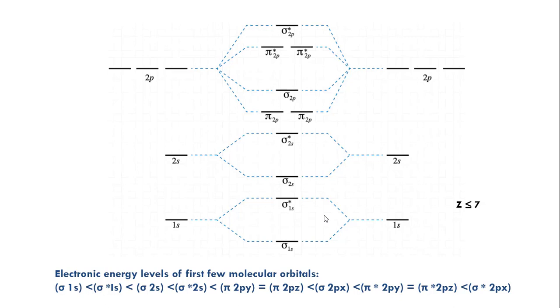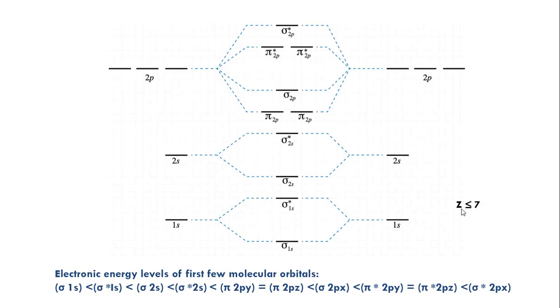So this is the molecular orbital diagram for the p block elements actually, and Z here is nothing but the atomic number, which is less than or equal to 7. Up to atomic number 7, which is nitrogen, right?